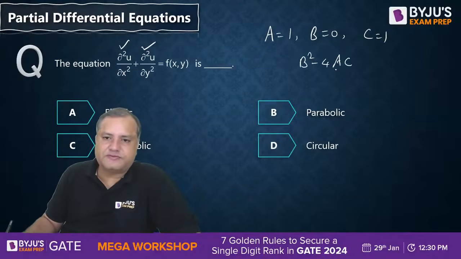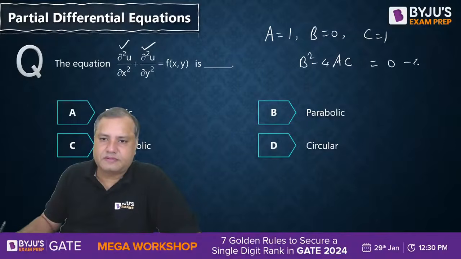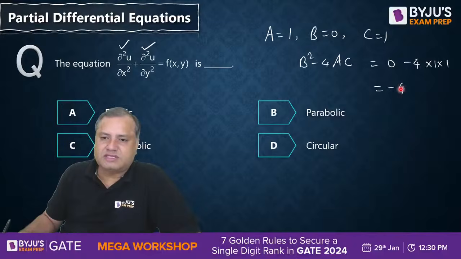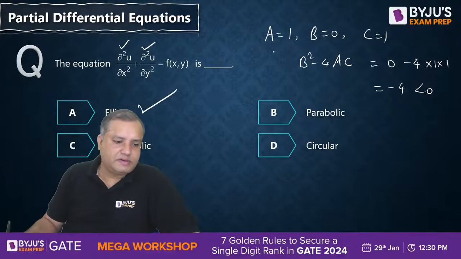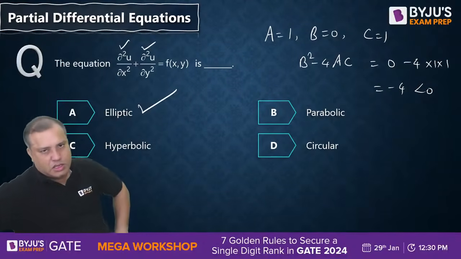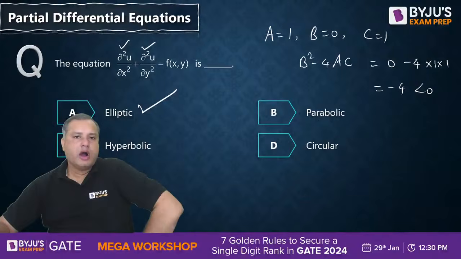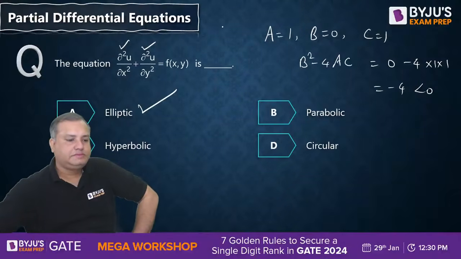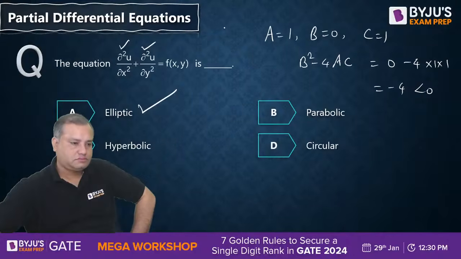B square minus 4AC is less than 0. Less than 0 means elliptic, first one. Elliptic equation. Next.